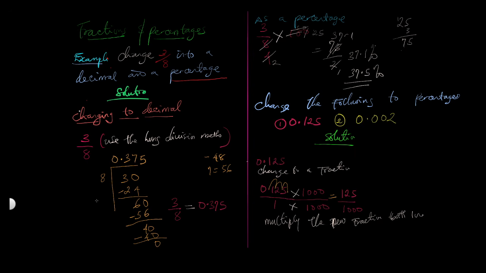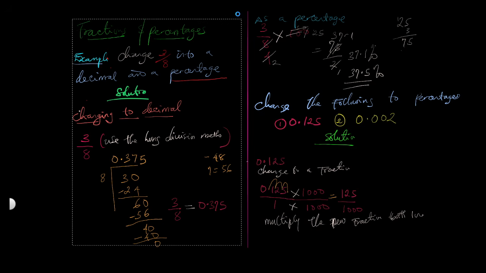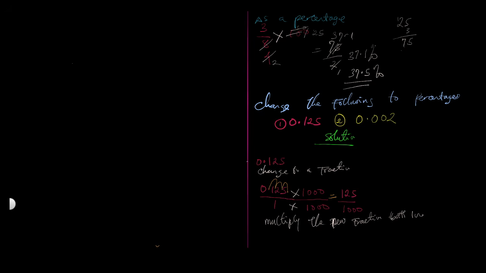It means if we multiply that with 100, this is what's going to happen. It had 1, 2, 5 all over 1000.